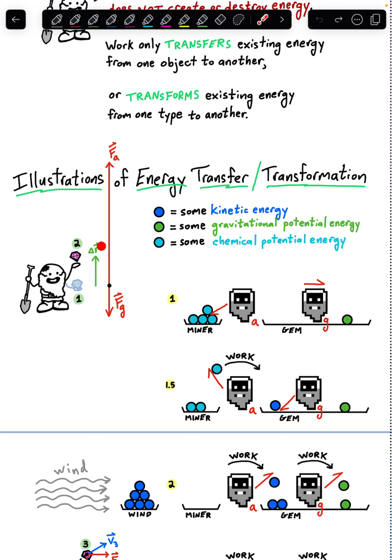The higher the object is, the more gravitational potential energy it has. So we see the object actually started out with a little bit of gravitational potential energy because it started out already above the ground. It had some height at the beginning, so it already had some gravitational potential energy at the beginning. And as the object moves from 1 to 2, it's gaining more and more gravitational potential energy.